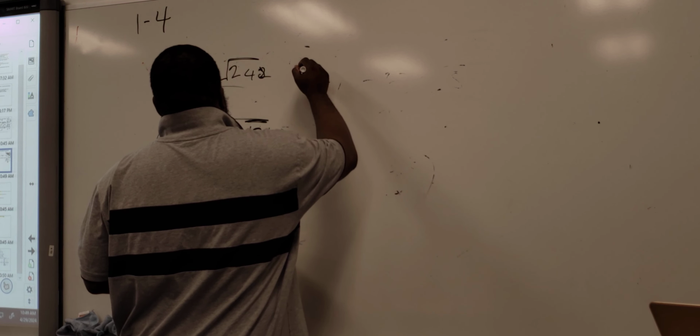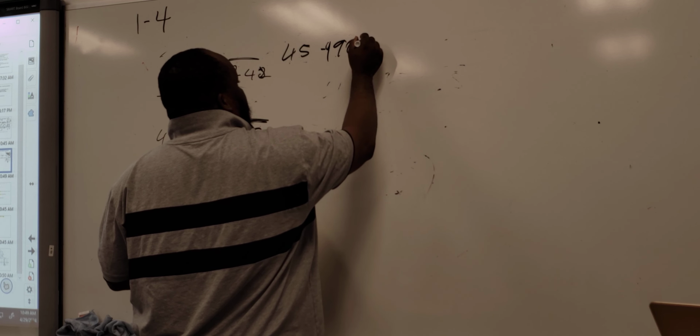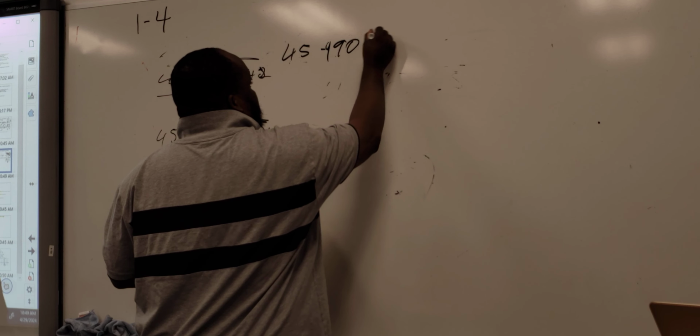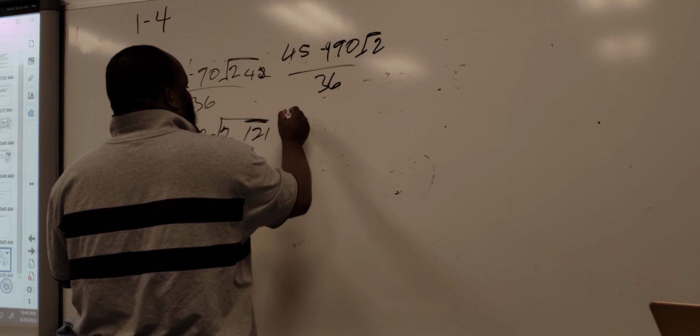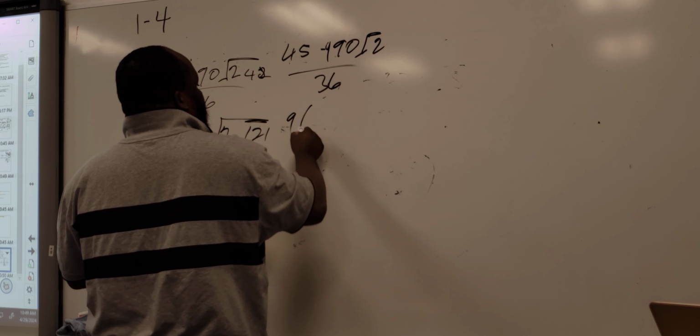Is that the right answer? Yeah. Is that what's in the back? What problem are we doing, number 11? 5 minus 110 radical 2 all over 4, yay.